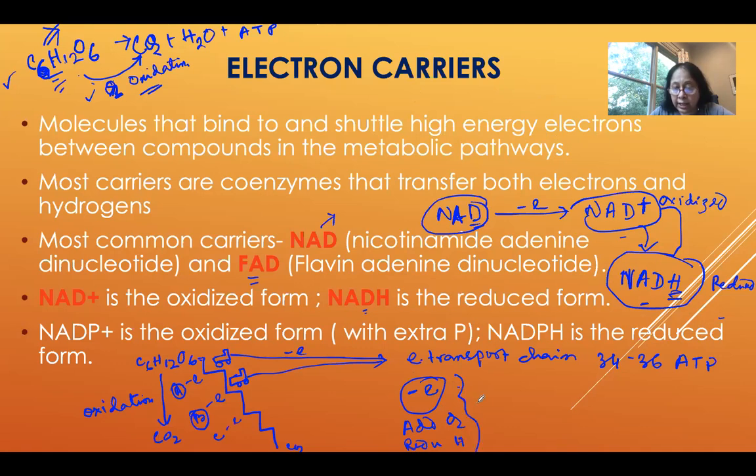These are the three criteria for oxidation. The opposite, addition of electrons, removal of oxygen, and addition of hydrogen, is reduction. If you remember these three, it will be very easy to identify the chemical reaction.